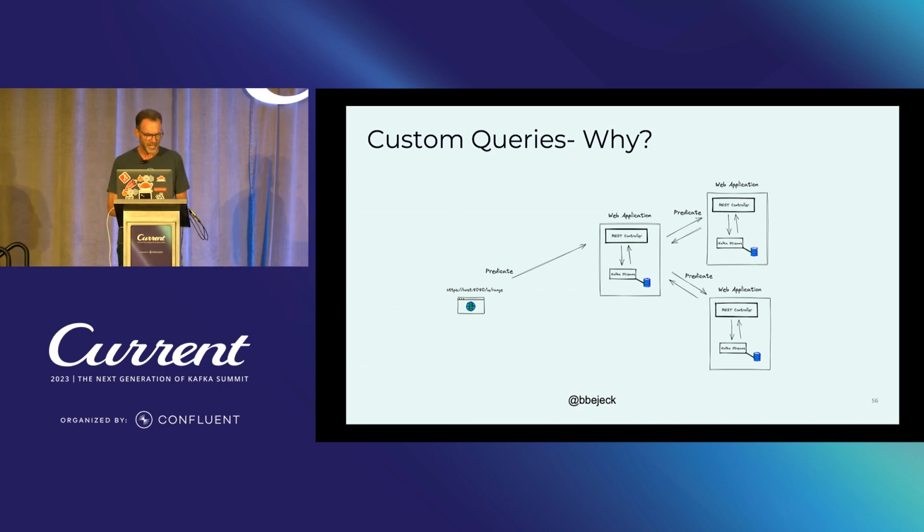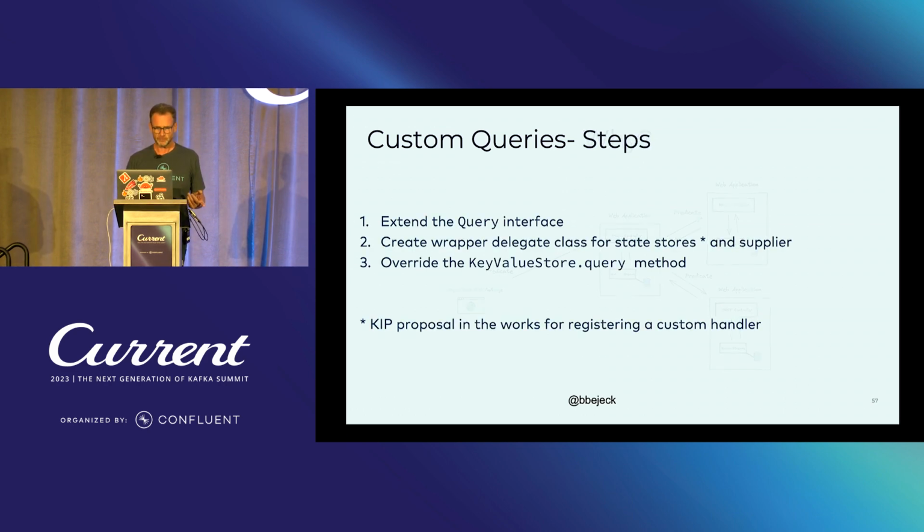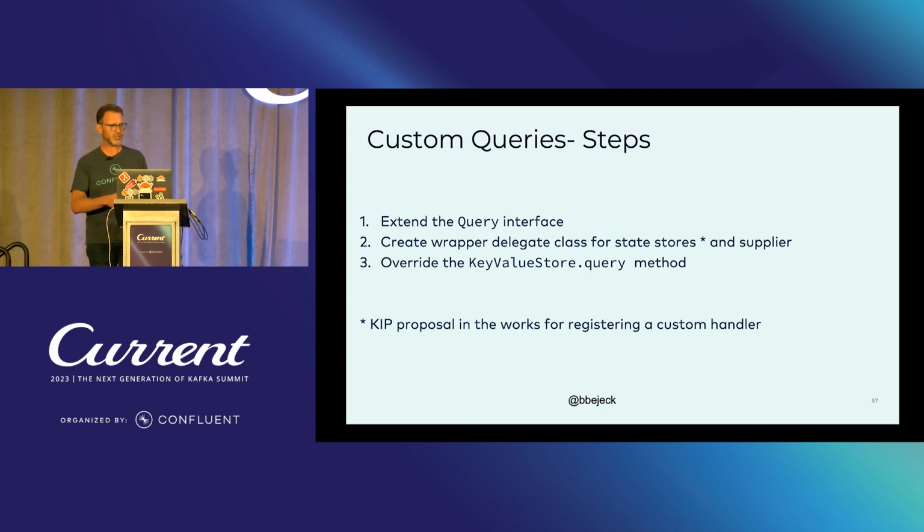The original intention of IQv2 was that if you wrote a custom state store, it wasn't available for querying. So IQv2 made it so that if you wrote a custom store, you could query it. So I kind of turn it on its head a little bit. I don't need the behavior of a custom store. I want to write a custom query. But I still need to take some steps to have a store that I can override the query method.